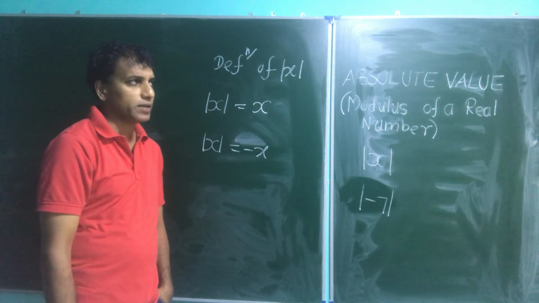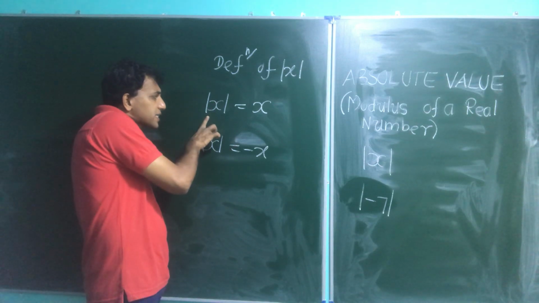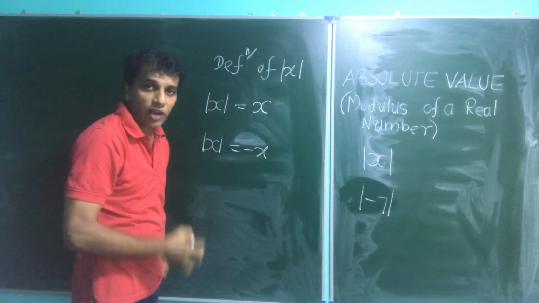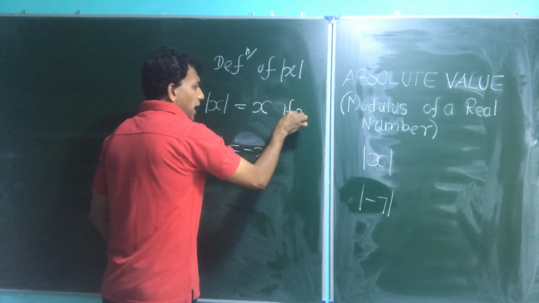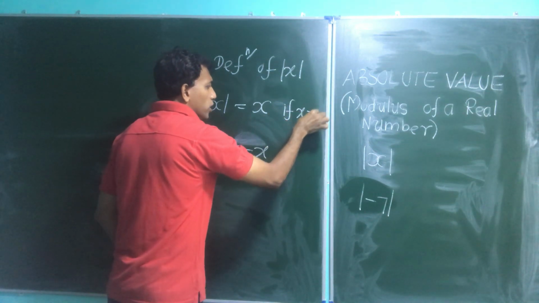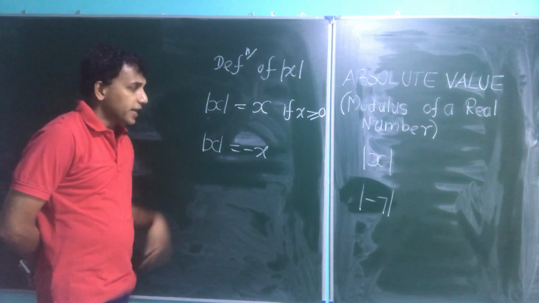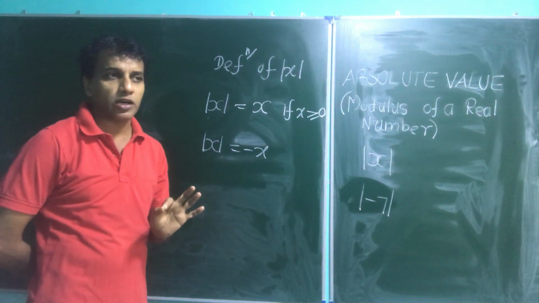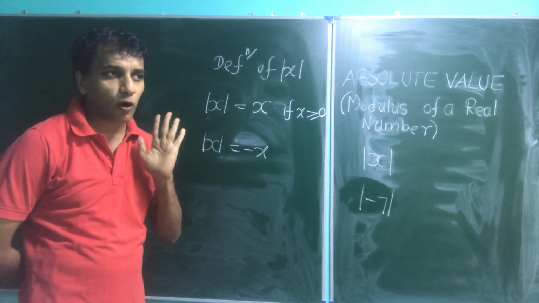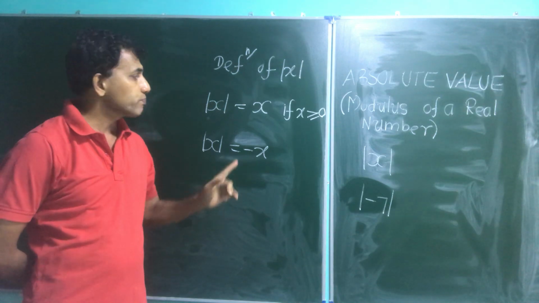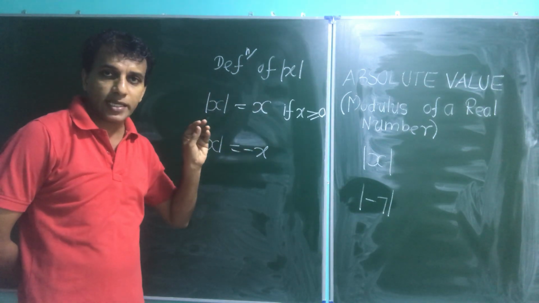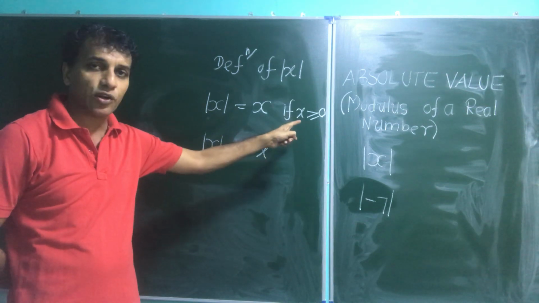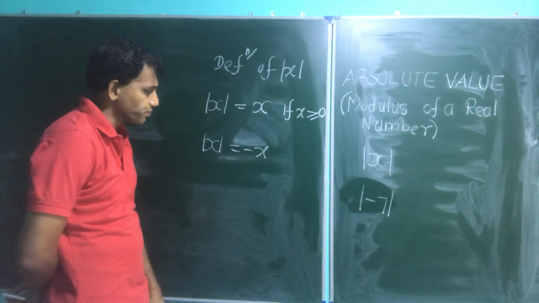Mod x equals x has a condition: if x is greater than or equal to 0, that is, inside the modulus symbol it is perfectly positive, then you can say it is the same as x.